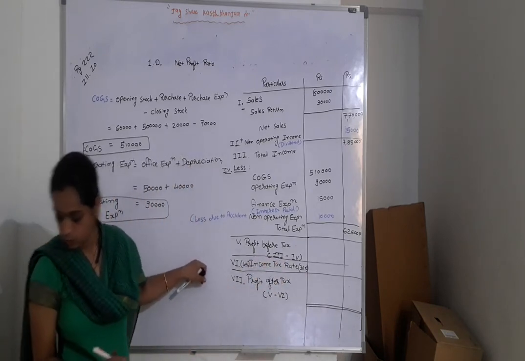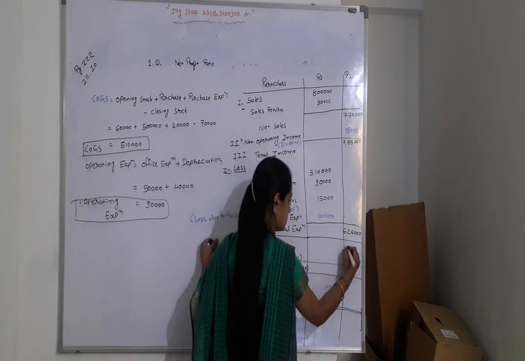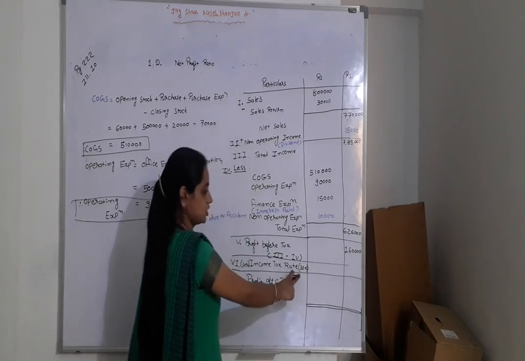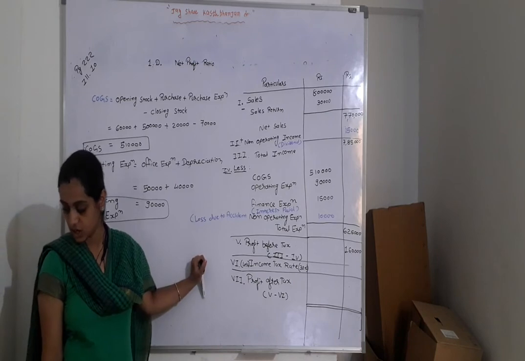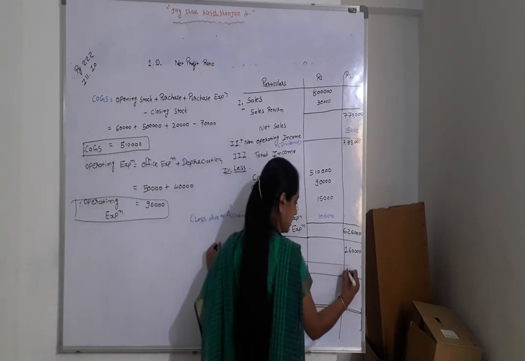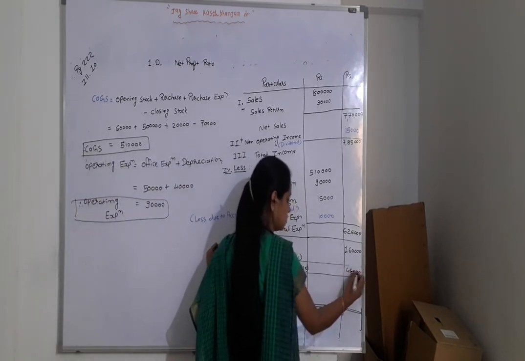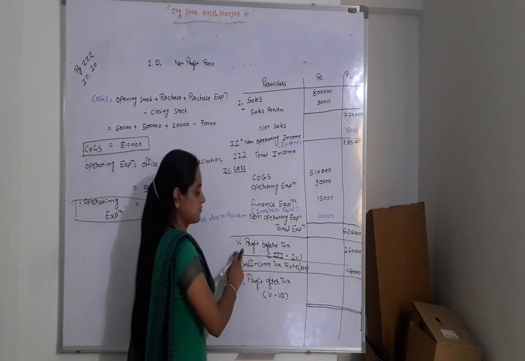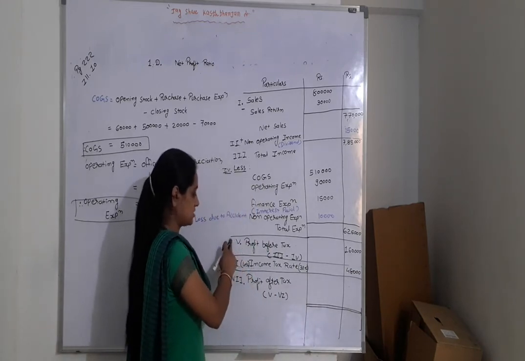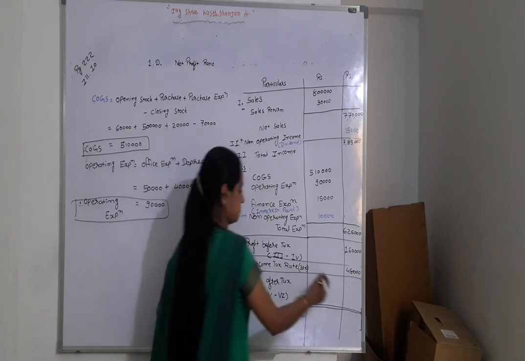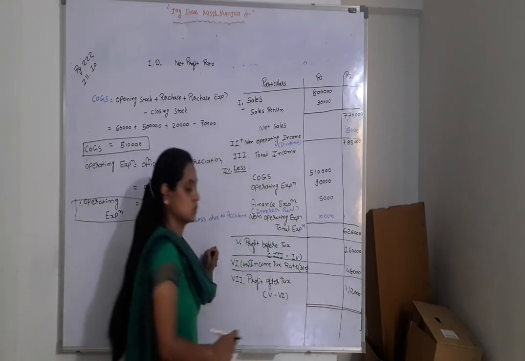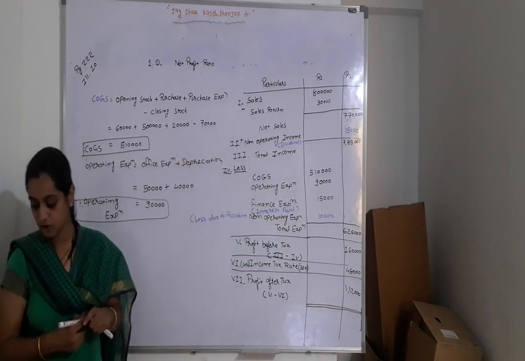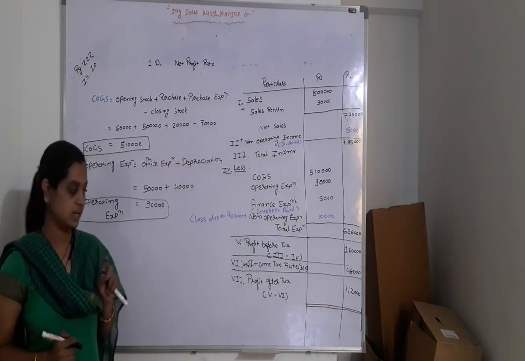Then we'll get the answer 1,60,000. 30% of 1,60,000, that is 48,000. Now subtract income tax from PBT, that means 5 minus 6, and we'll get the answer 1,12,000. So this is our profit after tax, right?